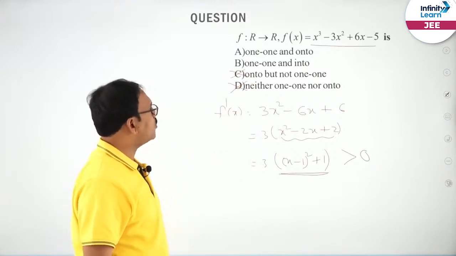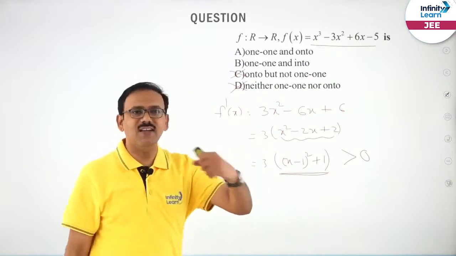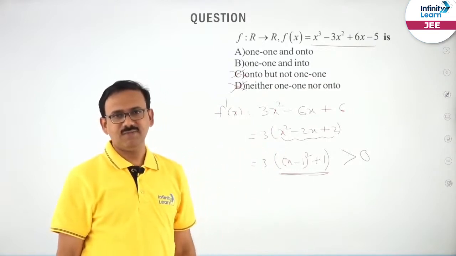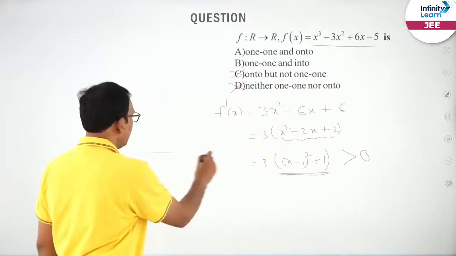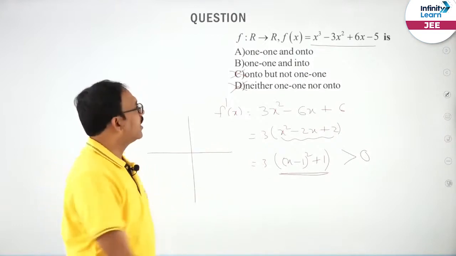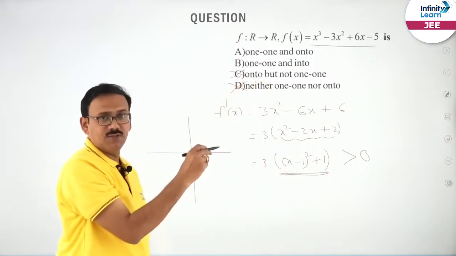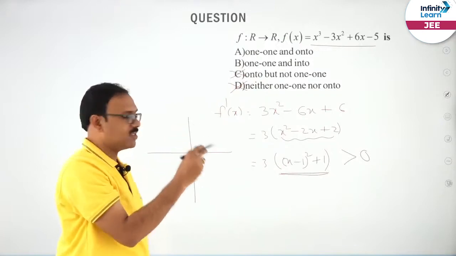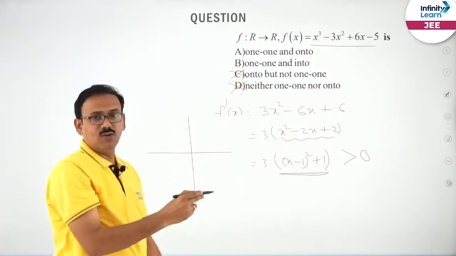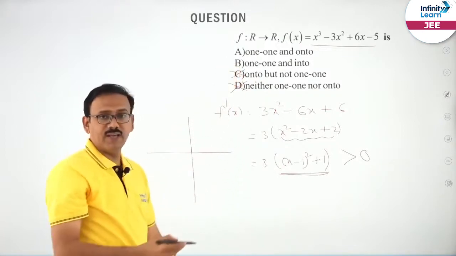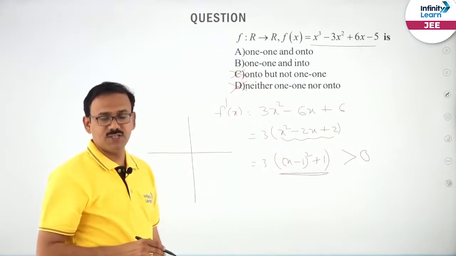Now, onto nature. How to find the range of this function? One second friends. For a cubic expression's graph, if the x cube coefficient, the leading coefficient, is positive, as x tends to infinity it goes to infinity, as x tends to minus infinity it goes to minus infinity.